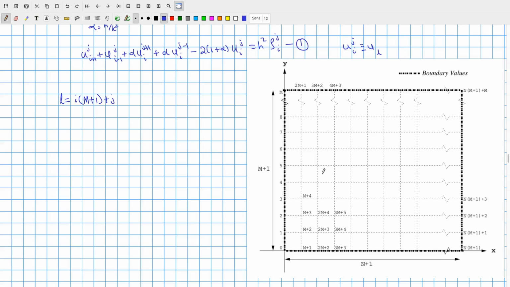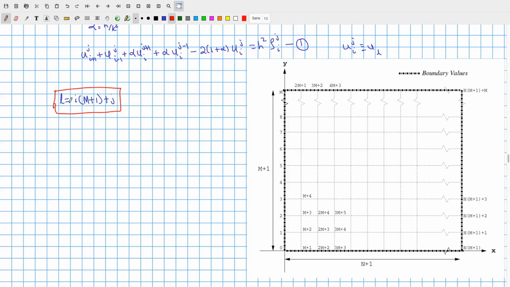So this is the equation which converts our function u, which is in two indices, into a single index cell.